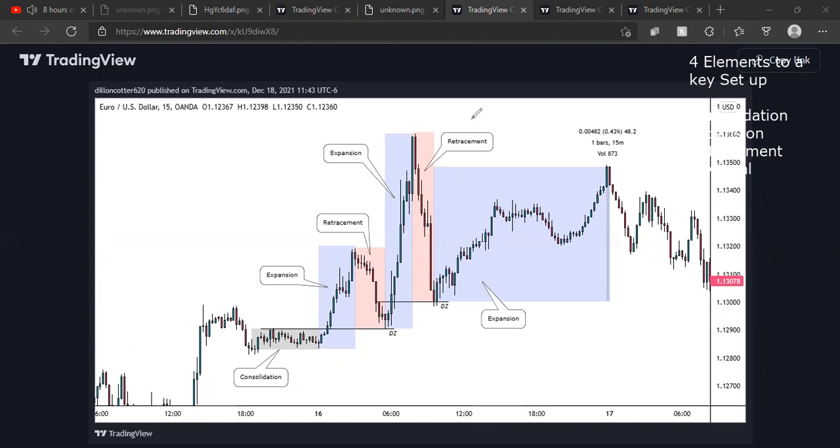And of course, after expansion is either a reversal or retracement. You see price immediately come back into that demand zone, these last areas of high volume selling before the expansion to the upside. We get a clean reaction off of those areas for 48 pips on Euro USD.